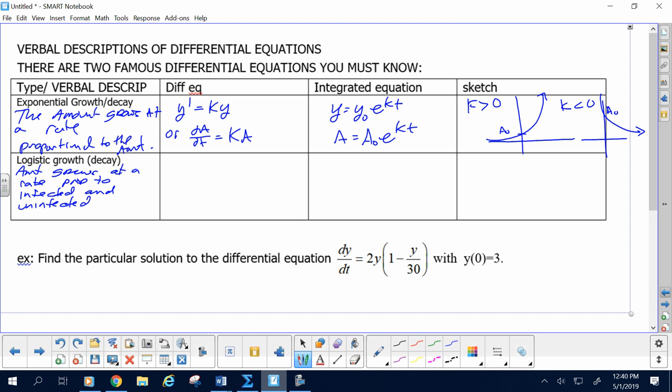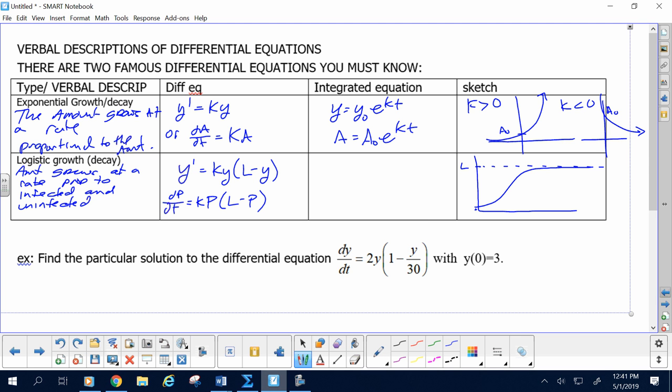The differential equation is y prime equals ky(L minus y), or if you like, dP/dt equals kP(L minus P), proportional to the amount and the room for growth, which is the difference. I remind you, L represents the carrying capacity, and once it starts to approach that upper limit, that's where you're topping off. It's population as a function of time.